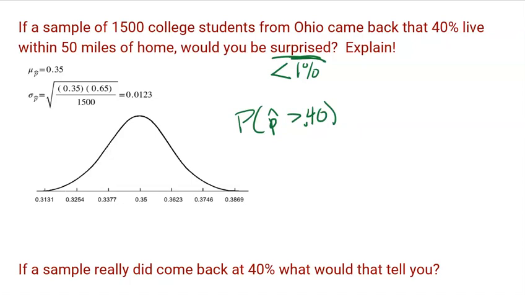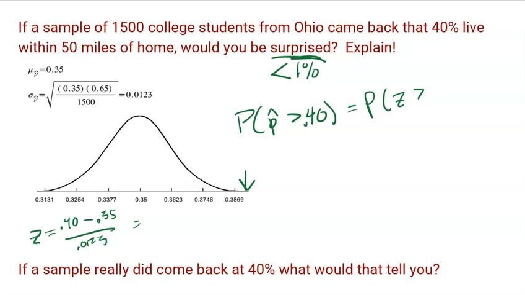Now, why am I doing "or more"? Remember, this is a p-value. 40% is on the high side. So, or more extreme, or more significant, would be any higher than that. So I've got to find the z-score for 40%, which I hope you could already tell is off the charts.